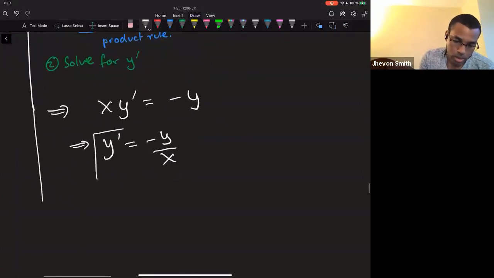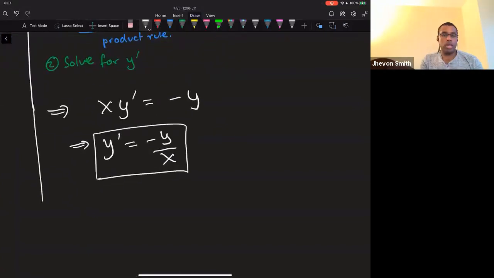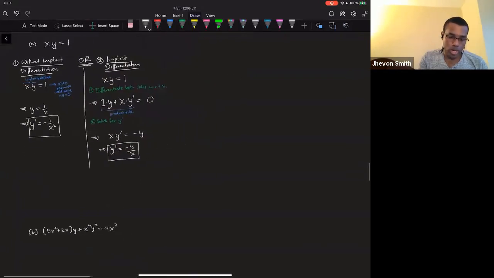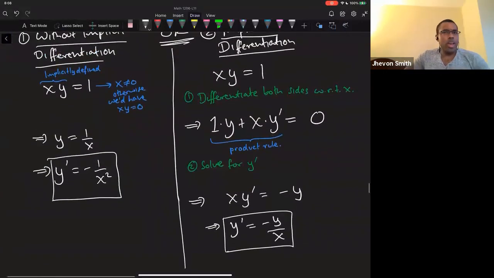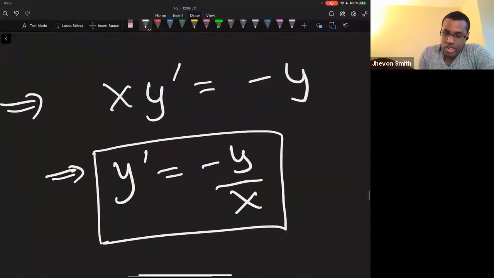That's the answer. Now, while we're here, there are a couple things that we should deal with right off the bat. For one, the answers look different. And in here, which might be a little bit unsettling, there's a y in the answer on the other side, right? Which this whole time we've just been seeing y prime equals something with only x's on the other side.